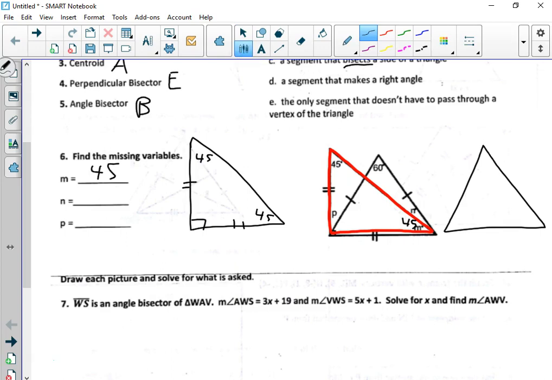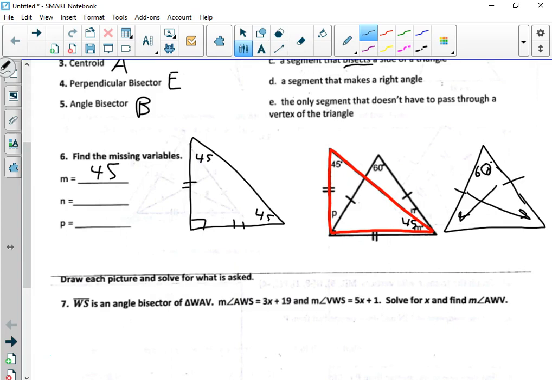Now, if this is 60 right here, and these two sides are equal, that means it's at least an isosceles triangle. It could be isosceles or equilateral. But it's at least isosceles, which means if you draw your arrows in, these two angles must be the same. Well, you use 60 degrees here, there's 180 degrees in a triangle, that means there's 120 left.